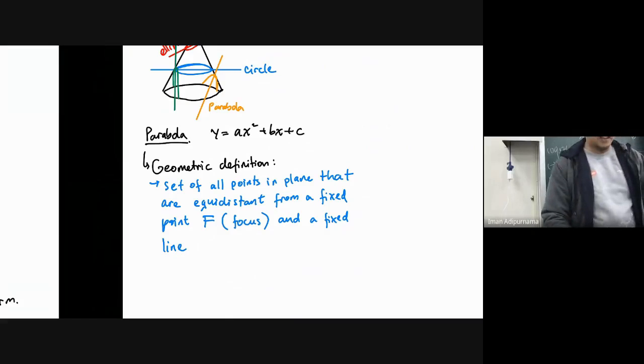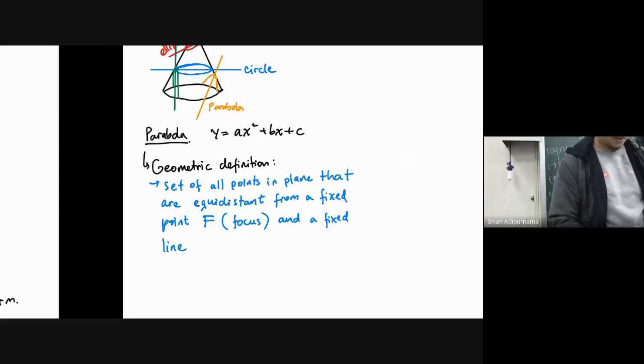Yesterday I called it D, the directrix, but in your textbook it's L. So L is the directrix, but the same meaning.